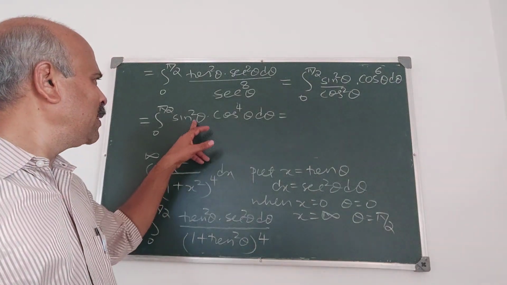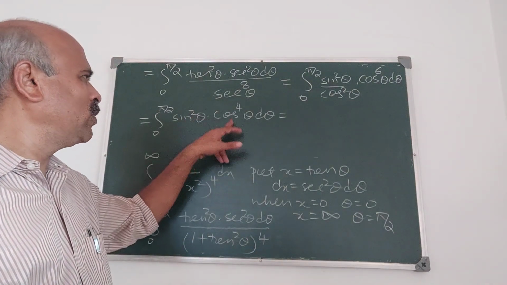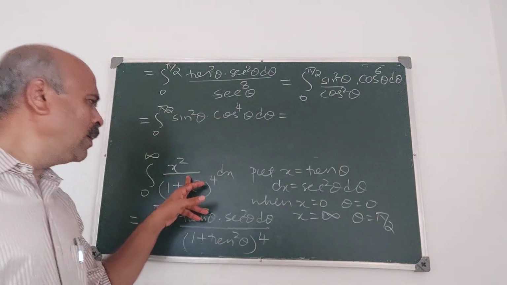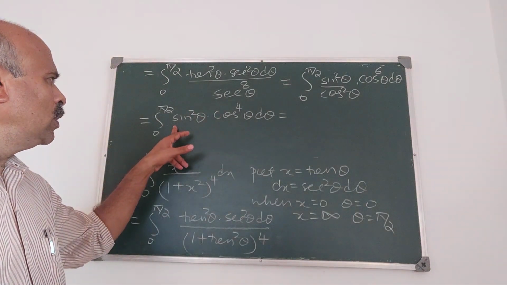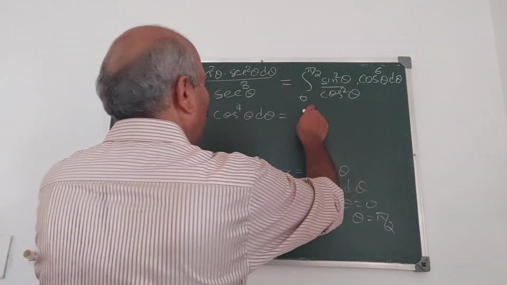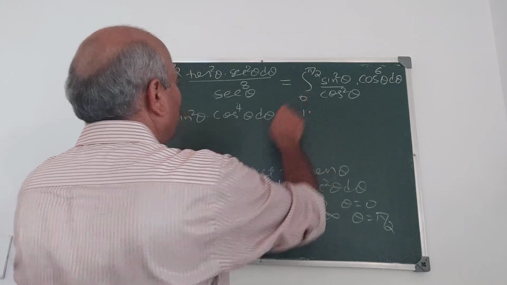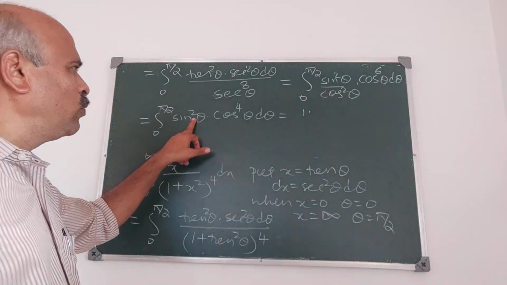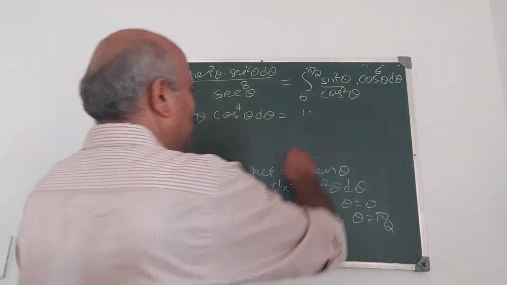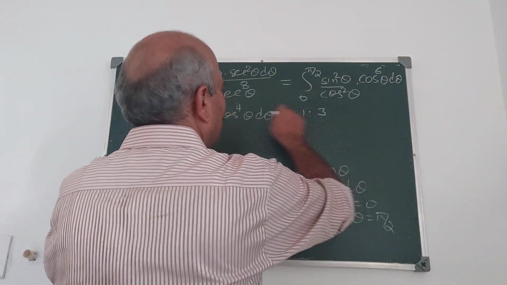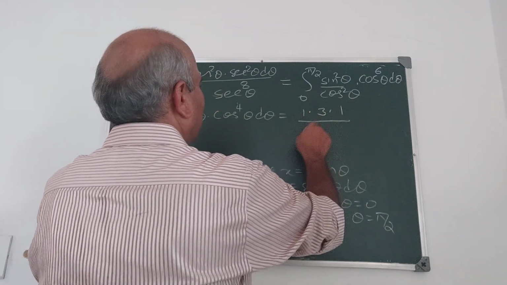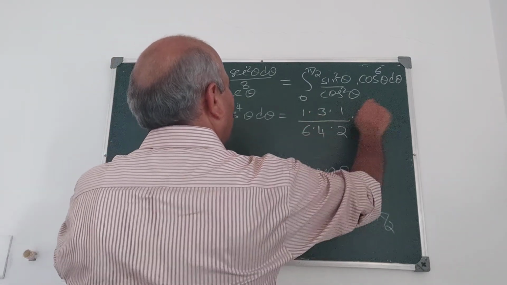Now it is sin x raised to p cos x raised to q form. So we have reduced this problem to the integral from 0 to pi by 2 of sin theta raised to p cos theta raised to q form. What is the formula? P is 2 here, therefore it starts from 2 minus 1 and it stops at 1 only. Cos theta raised to 4 means it starts from q minus 1, 3, 1, divided by 6, 4, 2, into pi by 2 is there.